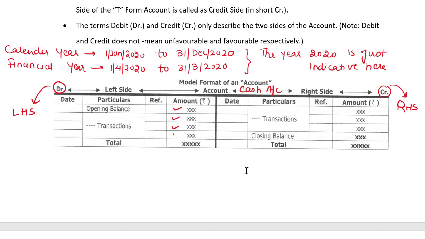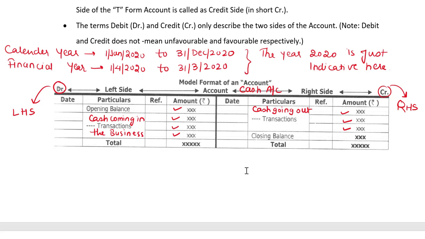All the transactions, so basically cash coming into the business, will be recorded on the debit side, and cash going out will be recorded on the credit side. At last, we will calculate the total of the debit side and credit side.